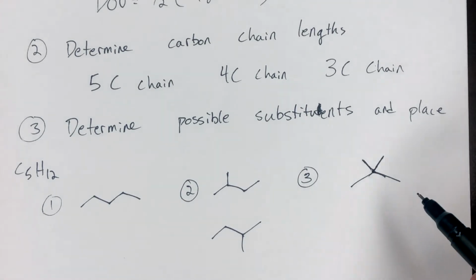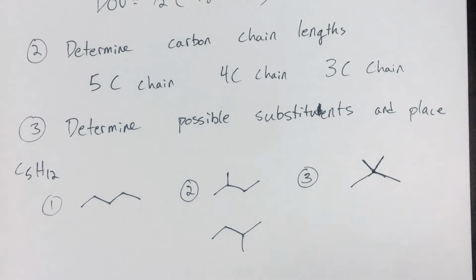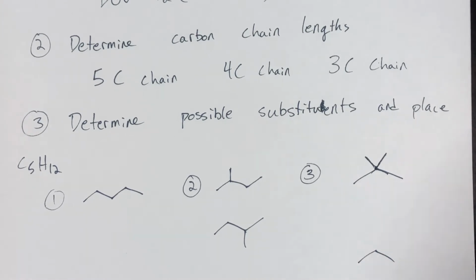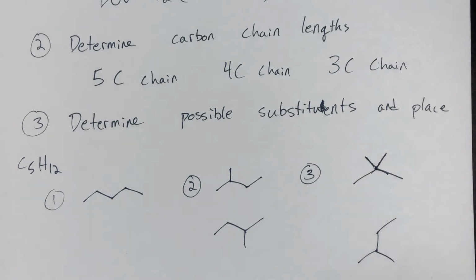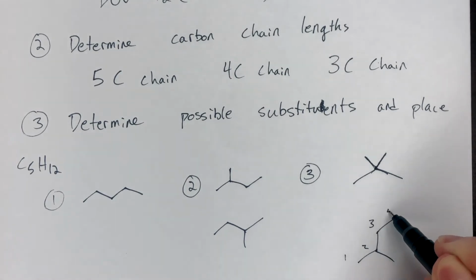So some of you may be wondering, what about an ethyl group? Can we place an ethyl group anywhere? Well, let's consider our 3-membered chain, which is the longest we can have and still have an ethyl group. Let's say we put the ethyl group here at 2. Well, this is now not different from anything else that we've had, right? Because now we would just number this, and the longest chain becomes 4.